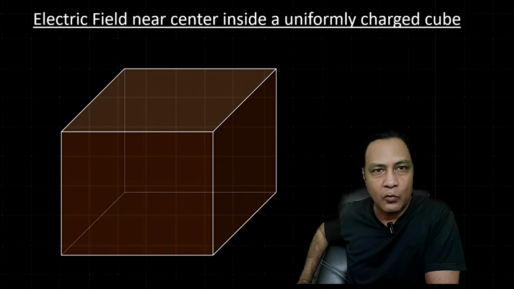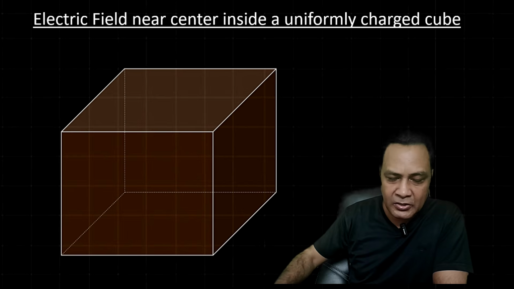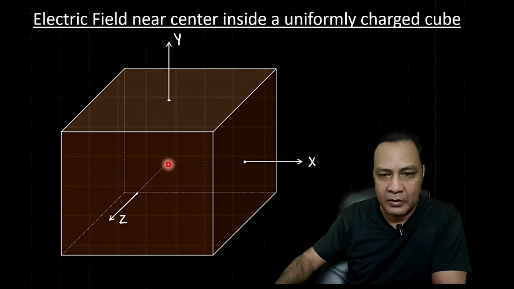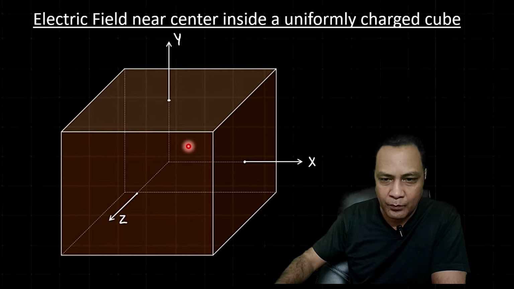So let me take my coordinate system. This is a cube of side a. Now let me take my coordinate system at the center of this cube. So at the center I've taken my origin. This is the x-axis, this is the y-axis, this is the z-axis. Now let me take a point P inside.